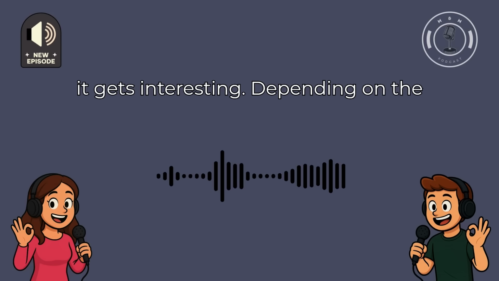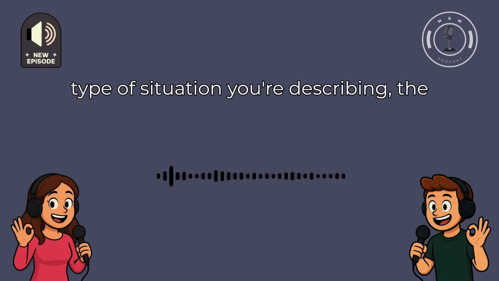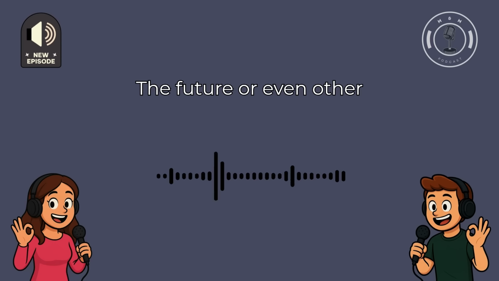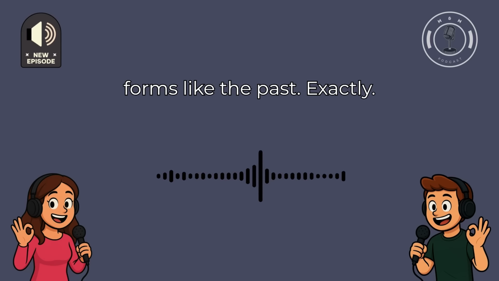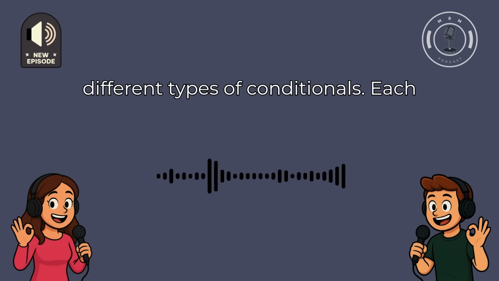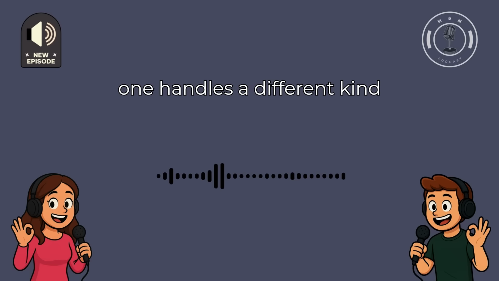Now, here's where it gets interesting. Depending on the type of situation you're describing, the result can be in the present, the future, or even other forms like the past. Exactly. And that's why we have different types of conditionals. Each one handles a different kind of situation.